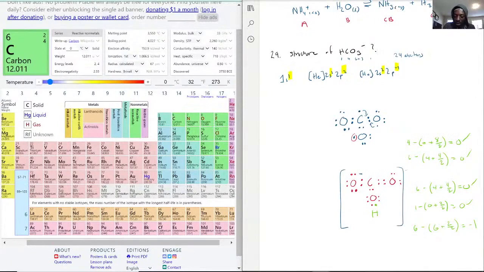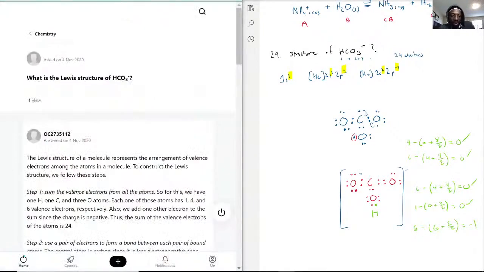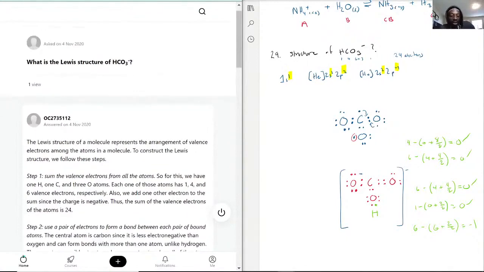So the whole thing is minus 1. This is going to be our Lewis structure for HCO3. Let's see how we did. Well, HCO3 minus. Specifically, one of the oxygens is going to have that negative charge, and everything else is neutralized, and the hydrogen is actually sticking on the oxygen, not the carbon.